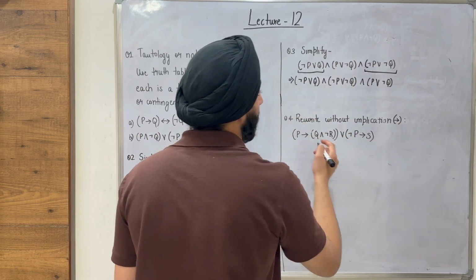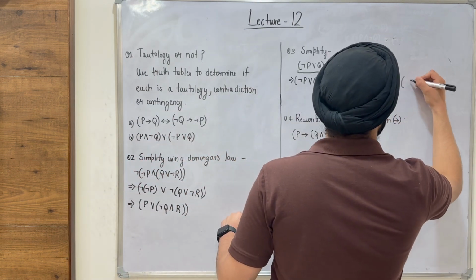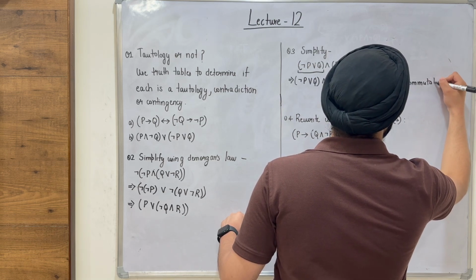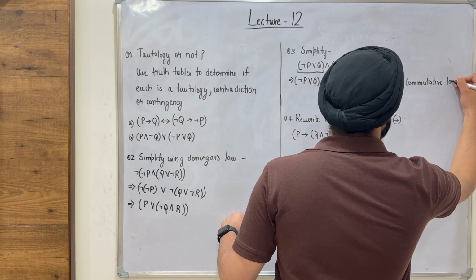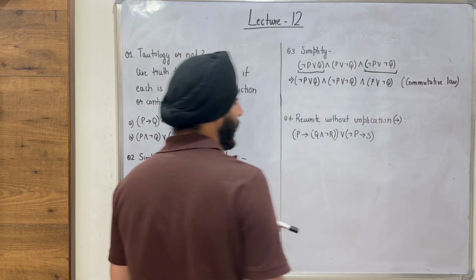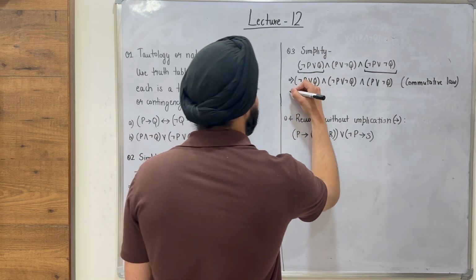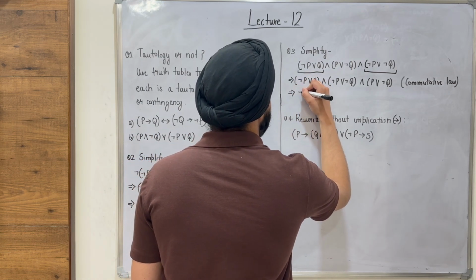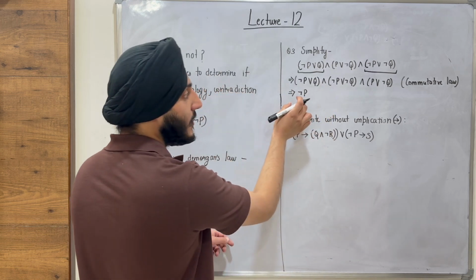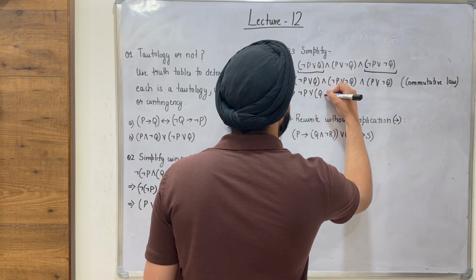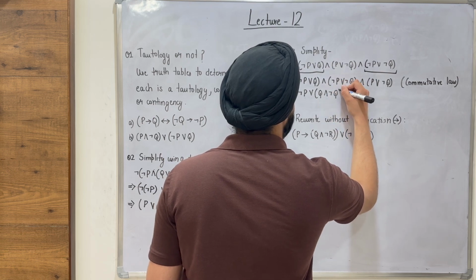That's exactly what I did. So I'm going to write down the laws as well. Okay, moving on. Now I can apply the distributive law, so I get negation of P. I take the negation of P common, and then I do Q or negation of Q.